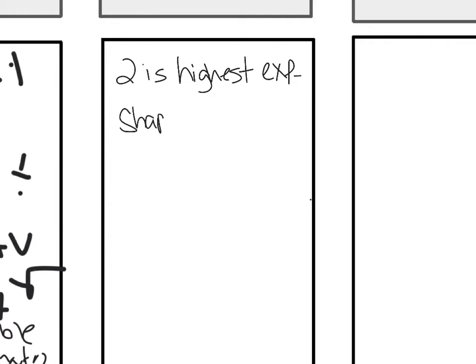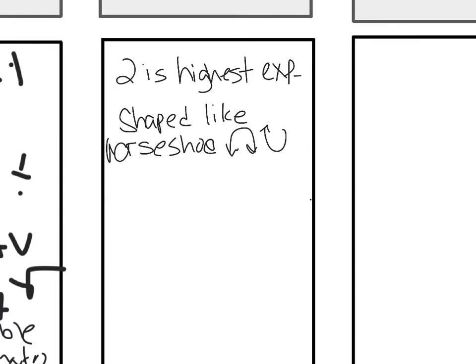All right, so quadratic, 2 is its highest exponent, and the graph is shaped like a horseshoe. It can be facing down or it can be facing upward.